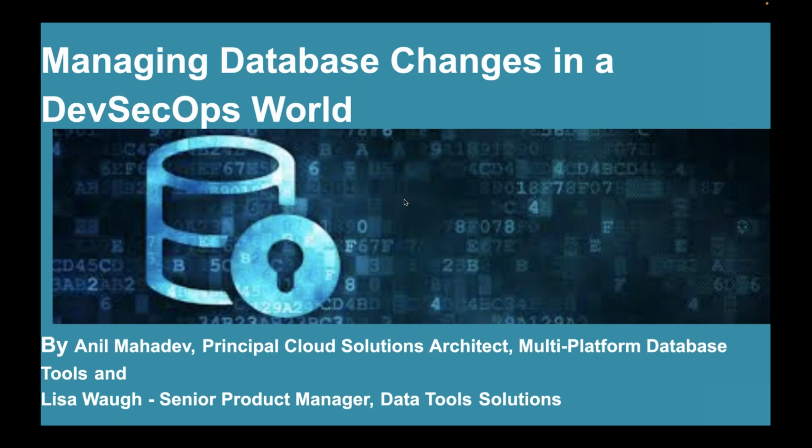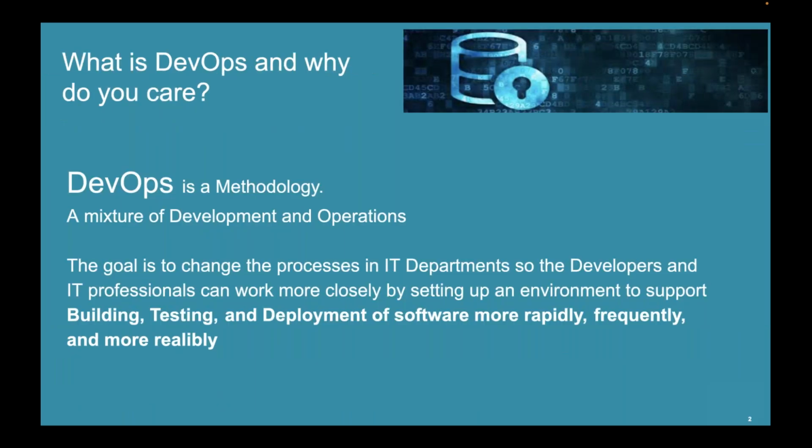Thank you, Melissa. We're going to talk about managing database changes in a DevSecOps world, and cover what is DevSecOps and why you would care. We'll go through the history of how DevOps came into play and how it was affecting companies. DevOps is a methodology, a mixture of development and operations.